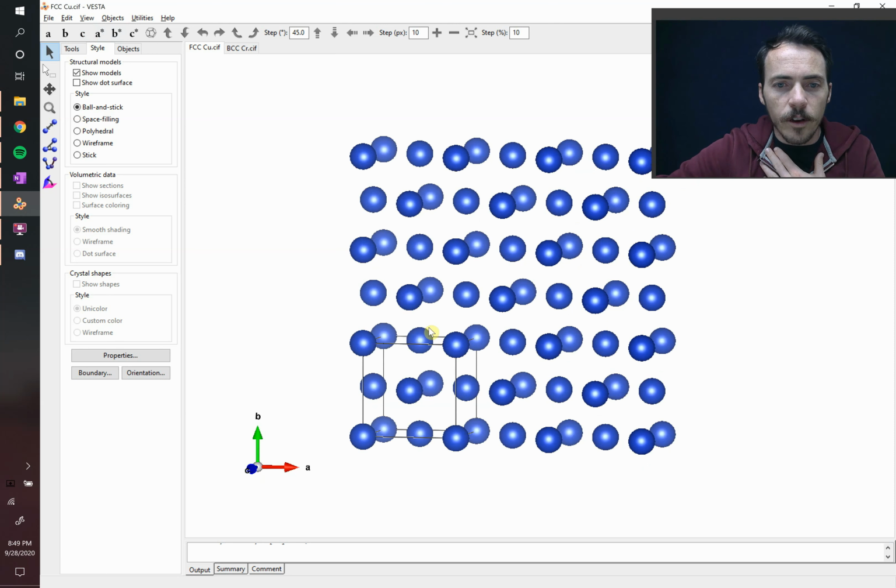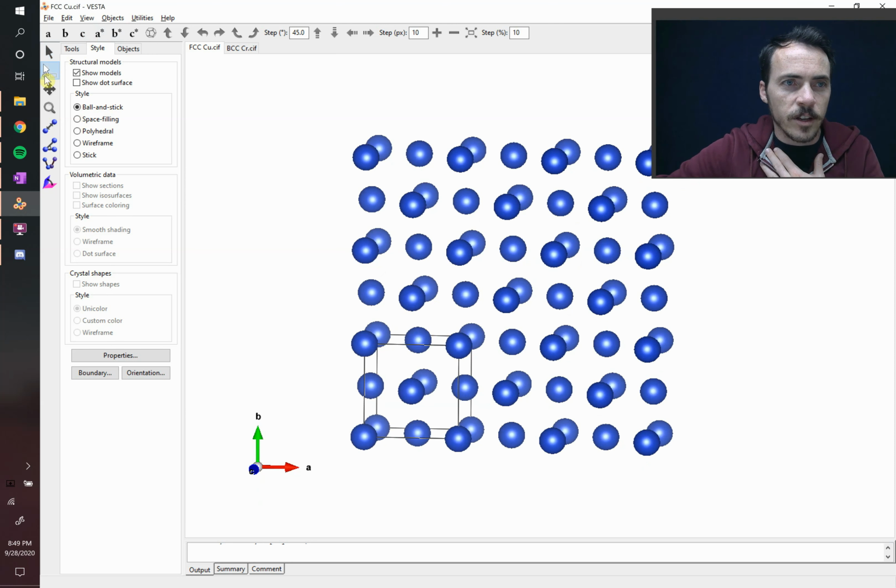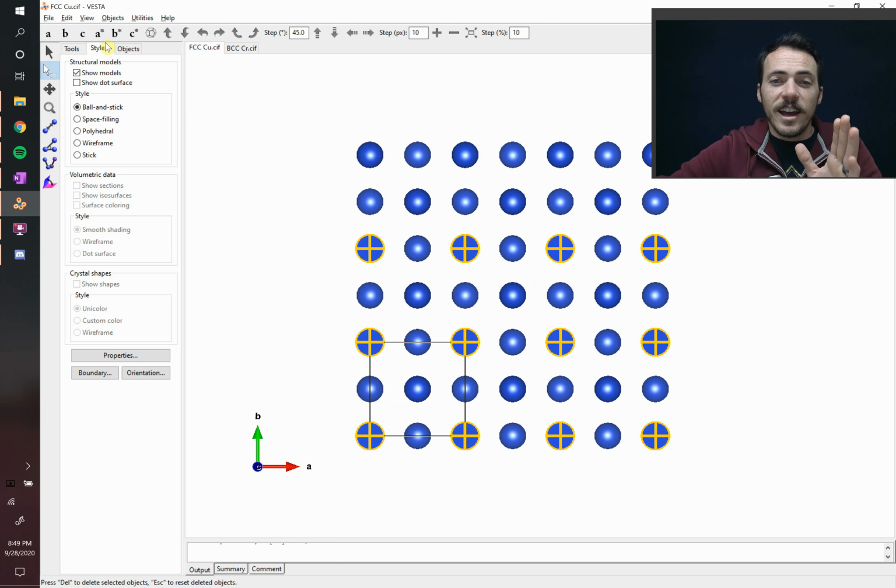So we know that the ones on the corners, you can see them right here. Let's highlight them. These ones are the corner ones. Those are all my corner ones. So the next cell over these would be corners, corners, corners, and so forth. Those would all be my corner atoms. Now, these ones could just as easily be the corners.